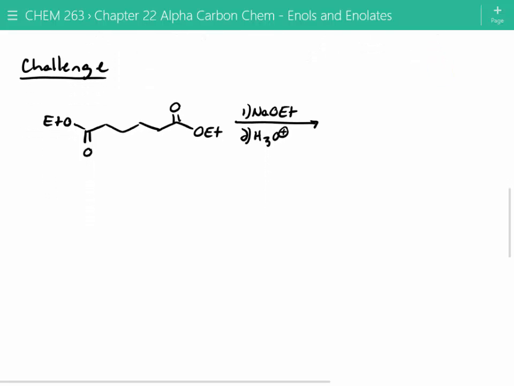So I'll give you guys a minute to work on this. What's special about this? It's symmetrical. It's symmetric and it's got 2 esters on itself. So what do you think might happen? There's a couple ideas. Yeah, it could close and attack itself, right? Could you also have a product where you added twice to both of them? We'll talk about that, but try to do the ring closing first.